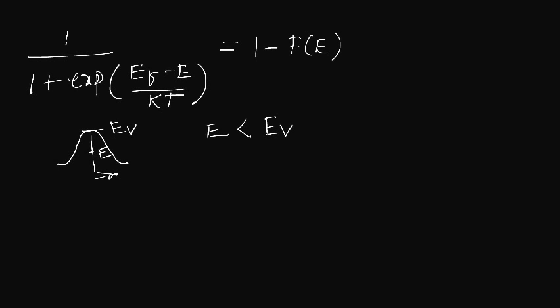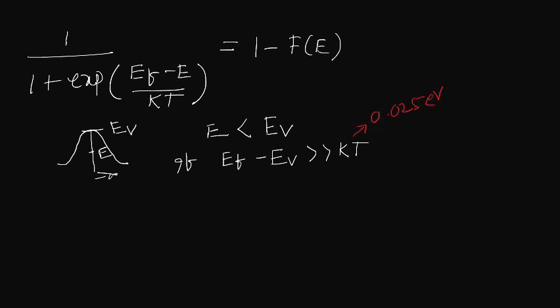If EF, the Fermi energy, minus EV is much larger than kT, the Boltzmann constant multiplied with the absolute temperature, which at 300 Kelvin is found to be 0.025 electron volt, very small, then we can take this assumption, since EF is somewhere in between EC and EV.